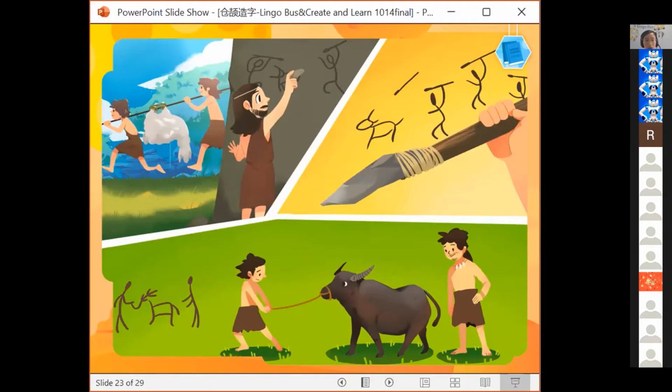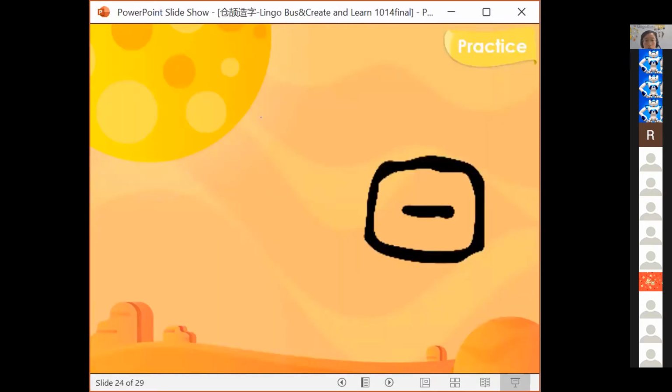So now you know in ancient China, people used little drawings and symbols of the objects to record what happened in their lives. And this is where Chinese characters came from. On this picture, you see the current Chinese character.